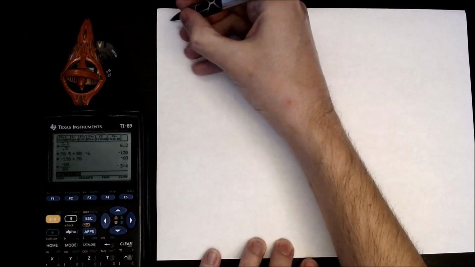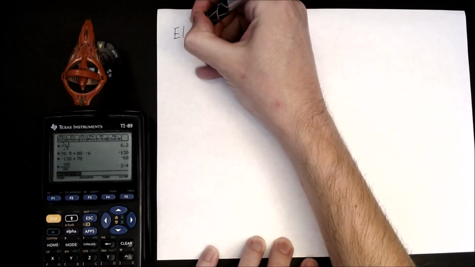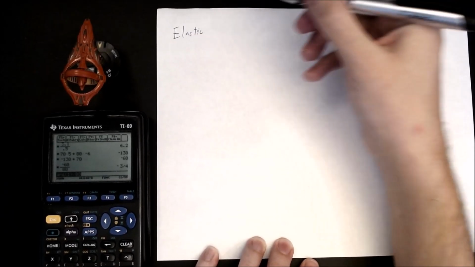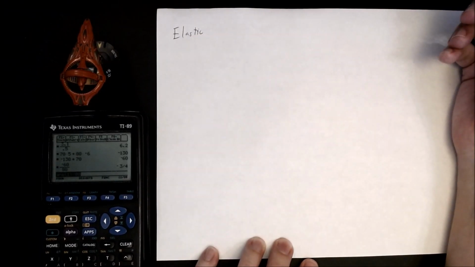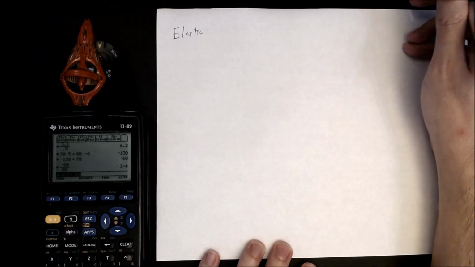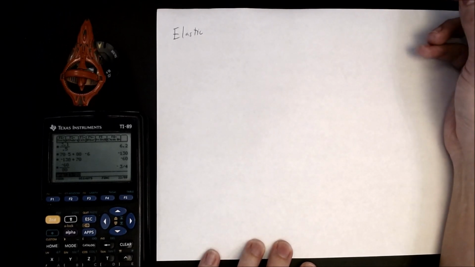This leads us to talking about 3 different kinds of collisions that we're going to be discussing this unit. We've got, broadly speaking, elastic collisions. In elastic collisions, objects will bounce off of each other and energy is conserved.